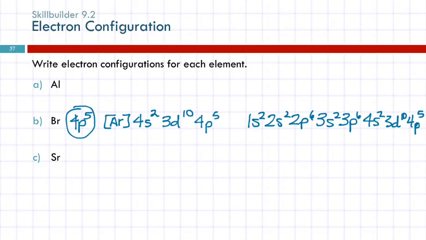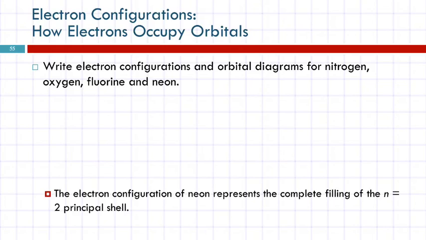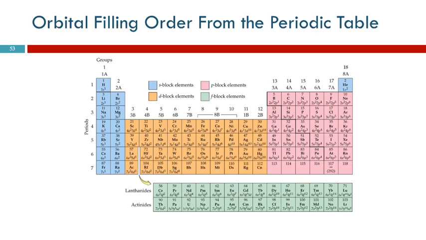Where did that 10 come from? The 10 came from going all the way across from scandium to zinc on the 4th row. From here to here. So we're going to bromine over here.